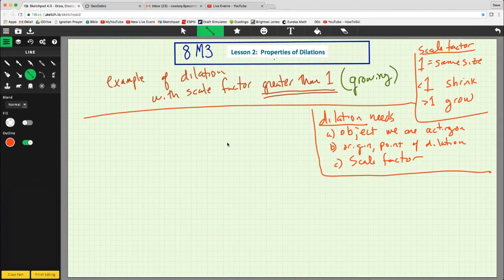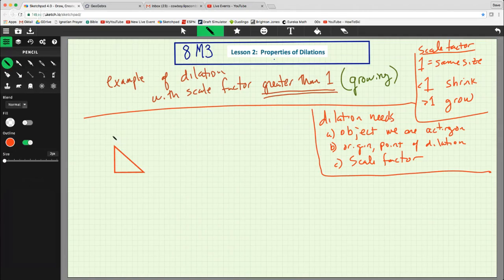So let's do the simplest case, and we're going to do just a triangle. Okay, so that's our object.